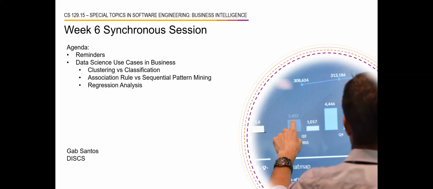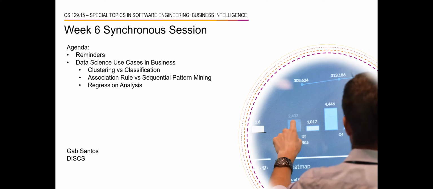For this session, we'll focus more on the use cases of data science in business. If you've seen the two videos that I uploaded in Canvas, those are introductory for this session. Those are the two phases of the CRISP-DM cycle: business understanding and data understanding.